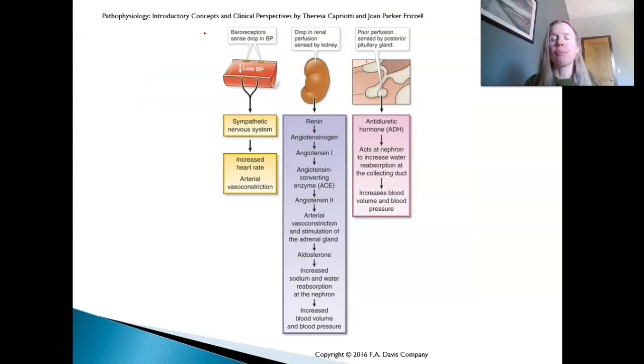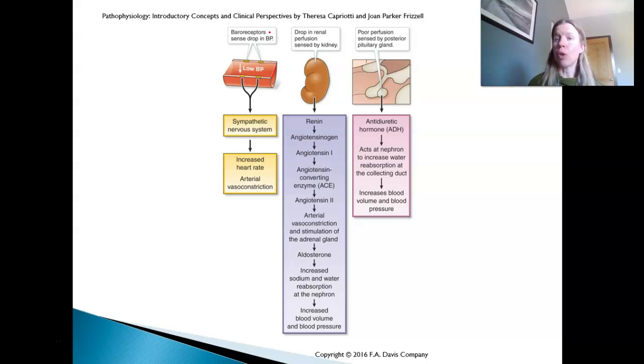Okay, the other thing to remember when we're talking about blood flow, and this will be important in a lot of diseases, are the different receptors and hormones involved in the maintenance of blood pressure. So recall that you have baroreceptors. These are going to be in the carotid and aortic sinus.